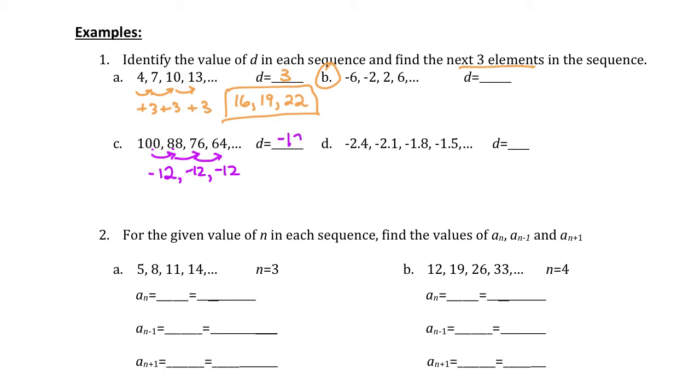So my common difference this time is a negative. If I continue that pattern, next I would get 52, 40, and then 28 would be my next 3 terms in that sequence.